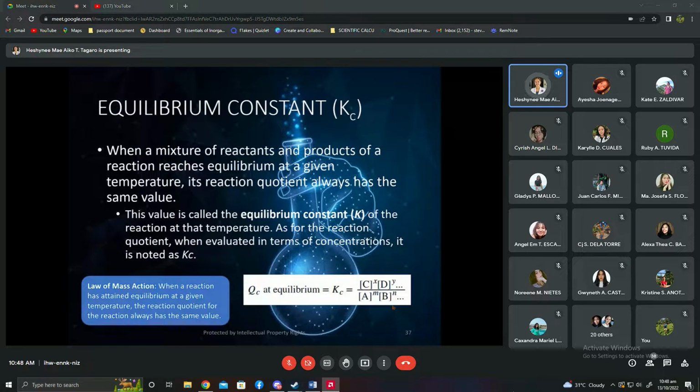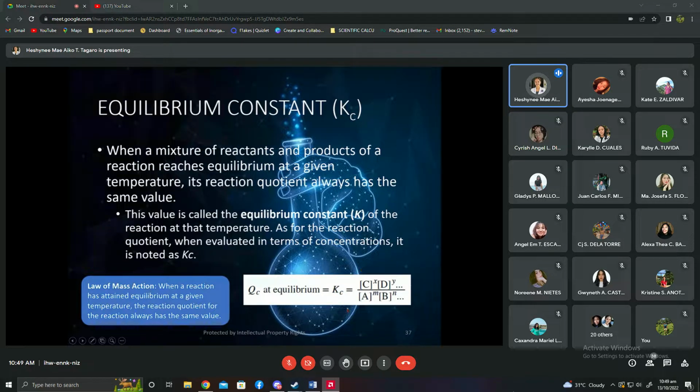So, when a mixture of reactants and products of a reaction reaches equilibrium at a given temperature, its reaction quotient always has the same value. This value is called the equilibrium constant or K of the reaction at that temperature. As for the reaction quotient when evaluated in terms of concentrations, it is noted as Kc, so C for concentration. As seen here, Qc at equilibrium equals Kc.